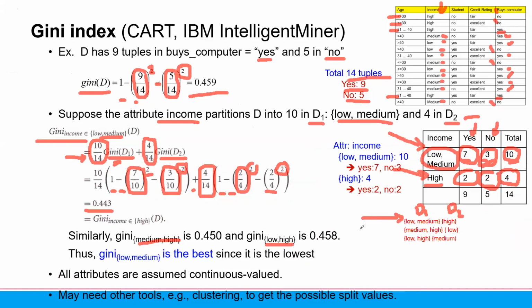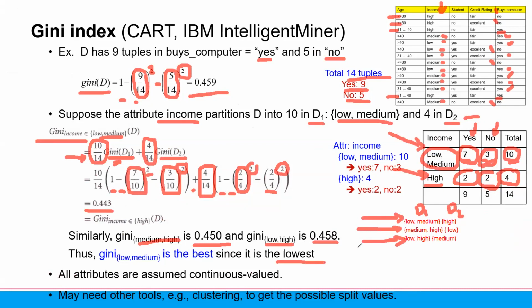We need to check the other, which is the medium high. Okay, we can get 0.45. We calculate again for the low high, and we can get 0.458. When we use this Gini, we will choose the lowest.